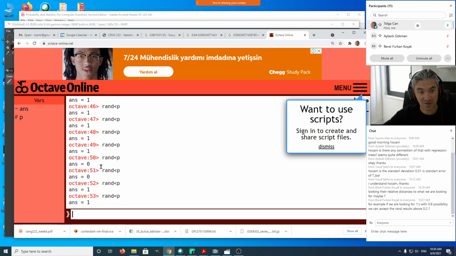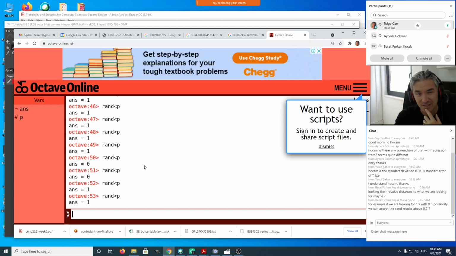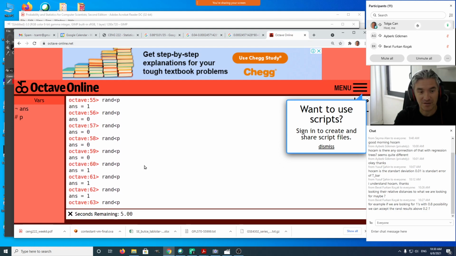Would you generate something like this if you were to generate your random variables manually? Probably not, right? We would just say, okay, I need to have 8 ones and 2 zeros, and you would probably want to distribute those zeros between the ones. But when you're having random numbers, zeros can, wow, look at this, 4 zeros one after another.